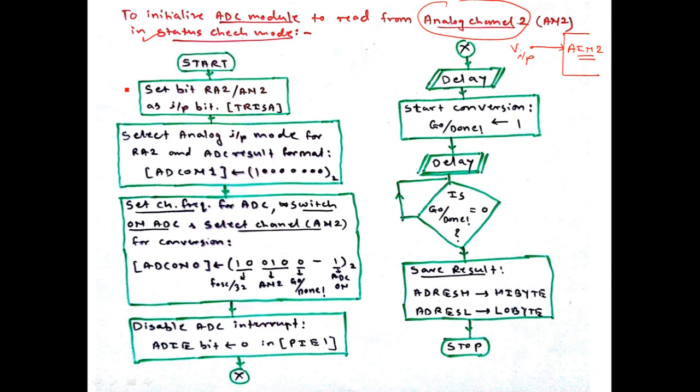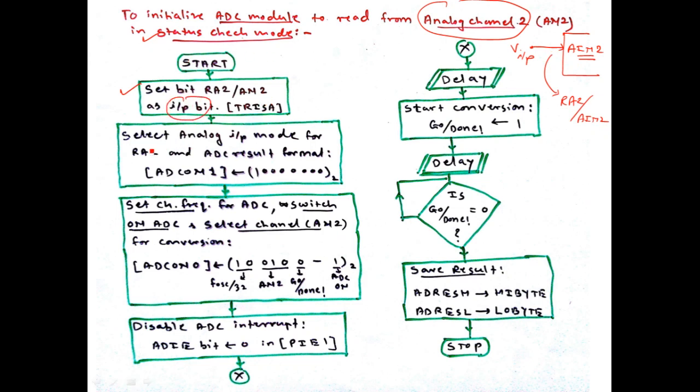First, you have to configure this particular bit. For example, it is the RA2 bit. This is an alternate function on port A, pin number 2. So analog input 2 is an alternate function of this, so this should be configured as an input pin.